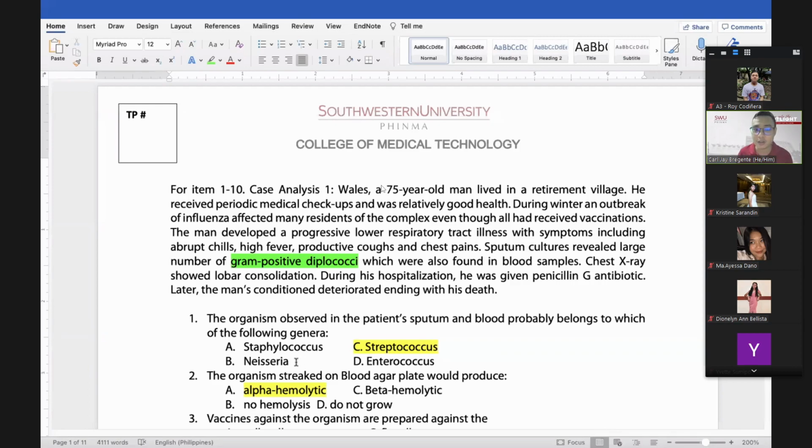Neisseria, although it's diplococci, is not gram-positive, it is gram-negative. Enterococcus is gram-positive. Some may be gram-positive diplococci, but mostly class, they are arranged in chains. Okay, so the answer there is your Streptococcus.